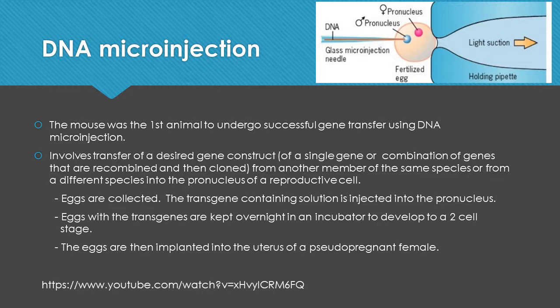The eggs that have been injected with the transgene are kept overnight in an incubator to develop to a two-cell stage. Then the eggs are implanted into the uterus of a pseudo-pregnant female animal.